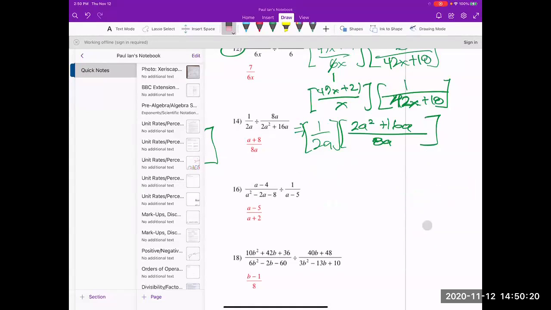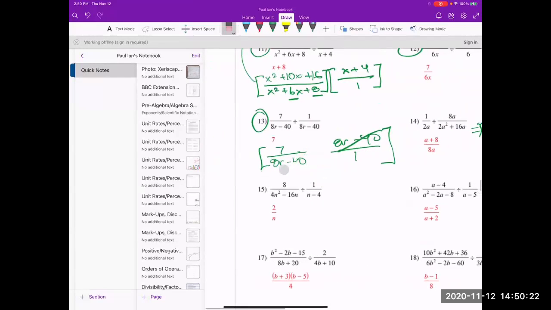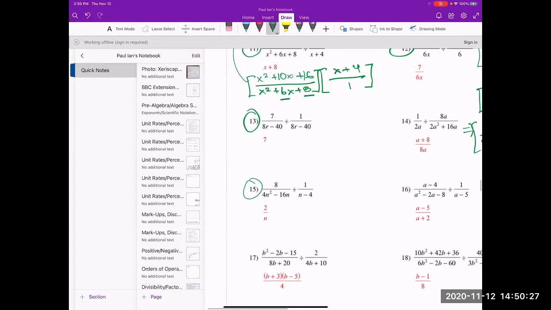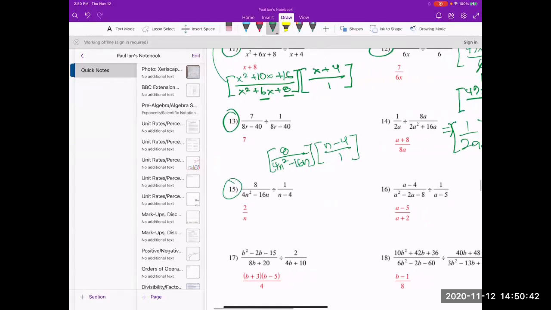It's not that bad. Let's look at number 15. Okay. So this one is 8 over 4n squared minus 16n and n minus 4 over 1. So, what's the first thing you do? You can't simplify anything.